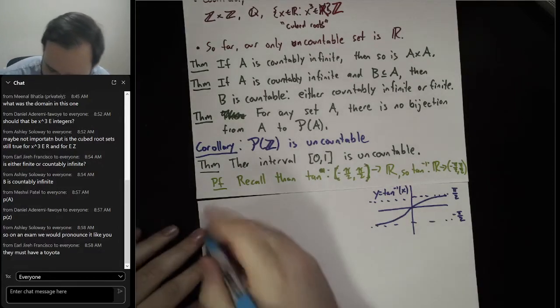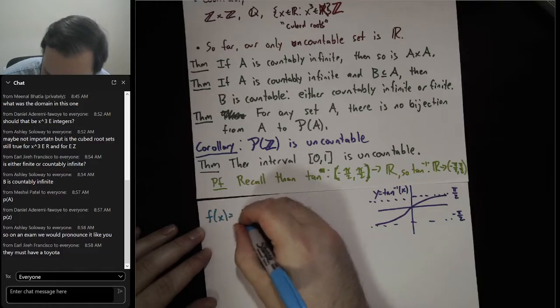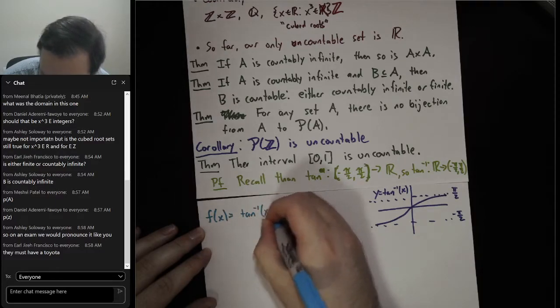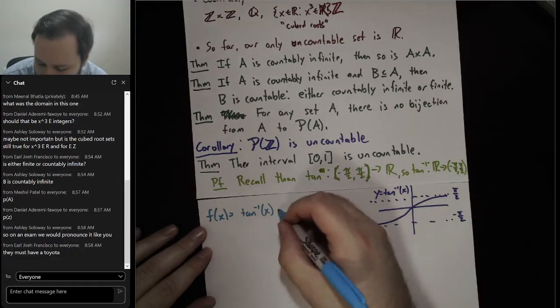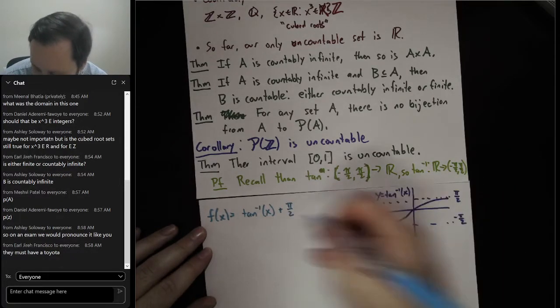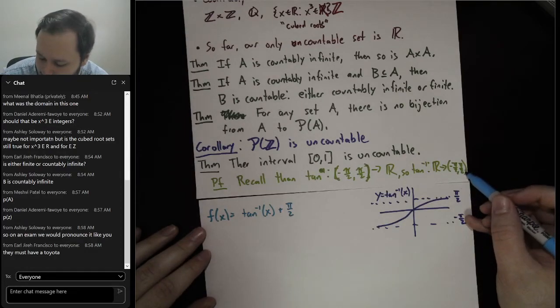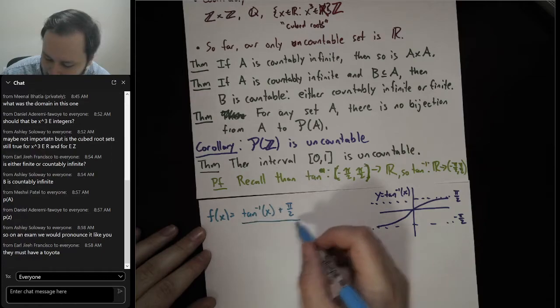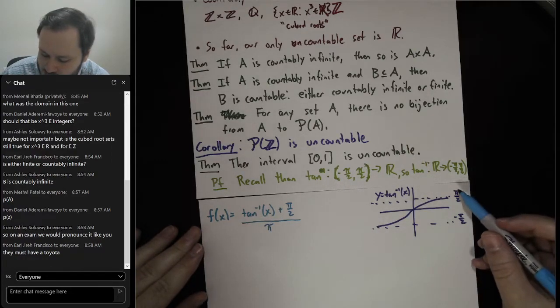So if f is arctangent of x, this gives me a value between minus pi over 2 and pi over 2. Plus pi over 2, this gives me a value between 0 and pi. Divide by pi, and this now gives me a value between 0 and 1.